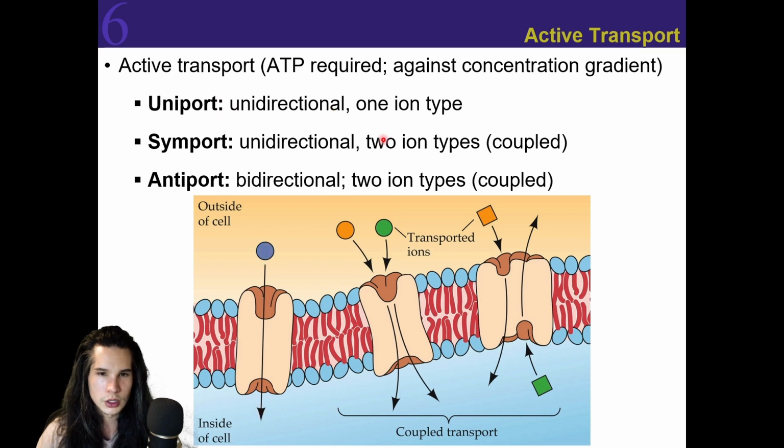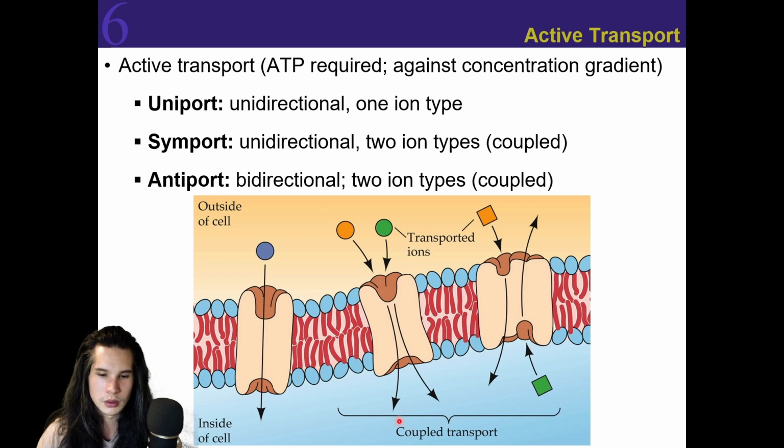So it's unidirectional, one ion type in this case. So a symport is going to move substances in a unidirectional fashion, so in one direction, but it's moving two ion types. So symport moves two different ions in one direction.